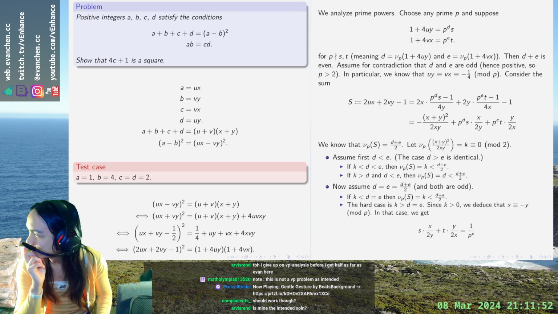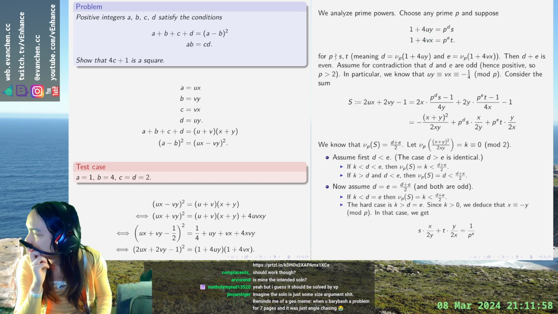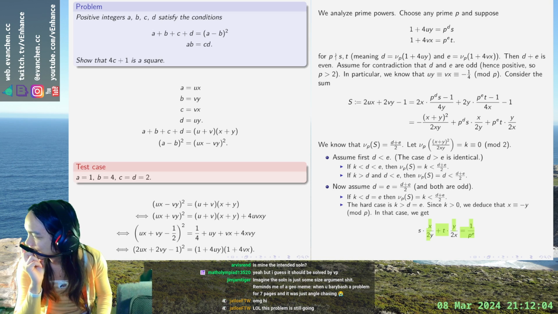I feel like from the fact that x and y are negatives modulo p, s and t should be negatives mod p. That's really what I want. We already know that x and y are negatives mod p. That much is true.